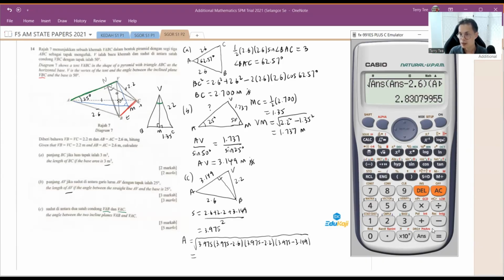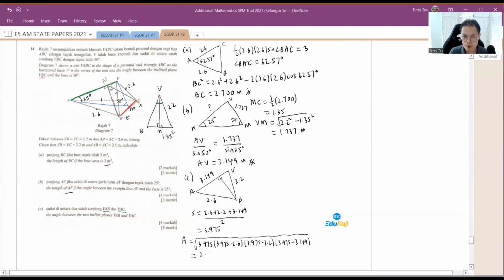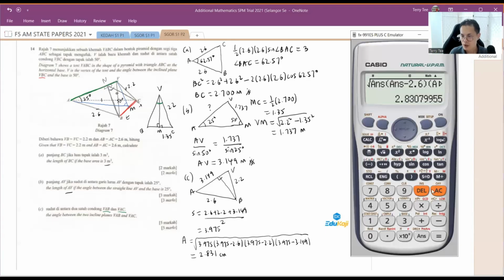And I got 2.831. You might get a slightly different answer because of the accuracy. If I use 3.94745, my answer might be a bit different.